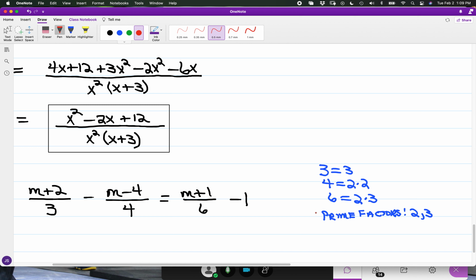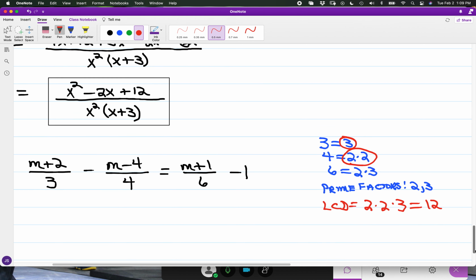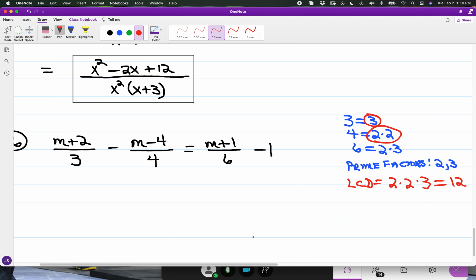And for the least common denominator, okay, 2 appears once, twice, and then not at all. So the greatest number of appearances stems from 4. And as for 3, it appears once, either from 3 or 6. So the smallest number that 3, 4, and 6 will go into will be 12.